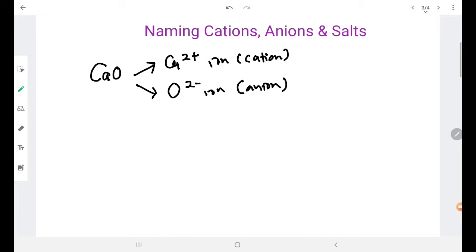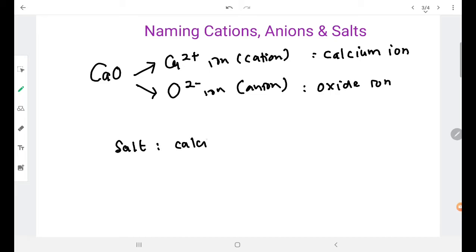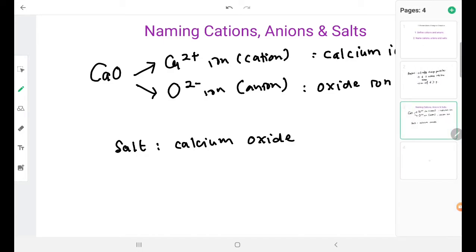So to name the salt, we need to know the name of cation and anion first. So Ca2 plus is calcium ion. O2 minus is oxide ion. So the name of the salt is calcium oxide.